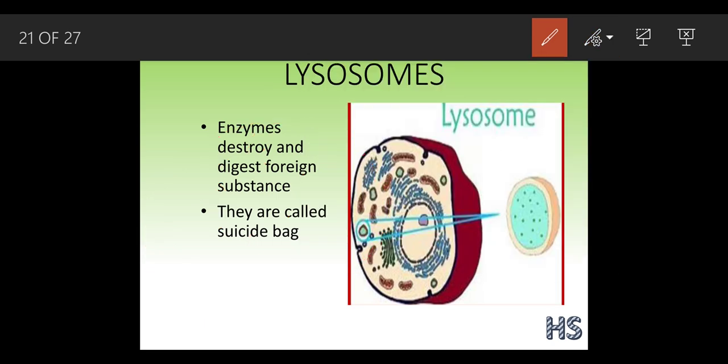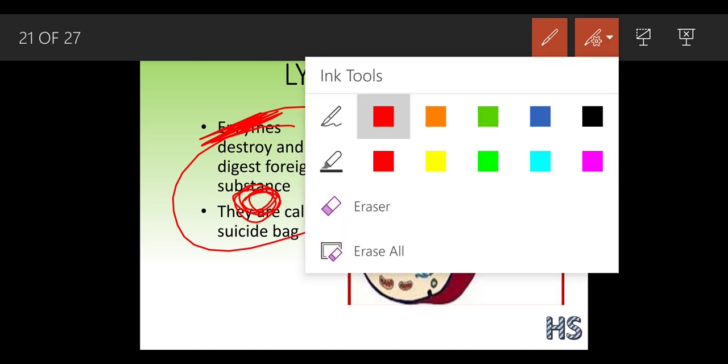Suppose this is a cell which is damaged, and this is the lysosome present here. So this lysosome is going to see that this is getting damaged or destroyed, so it is going to digest its own cell. That is why it is also known as the suicidal bag.